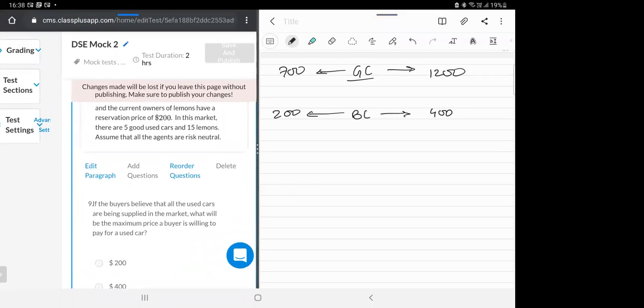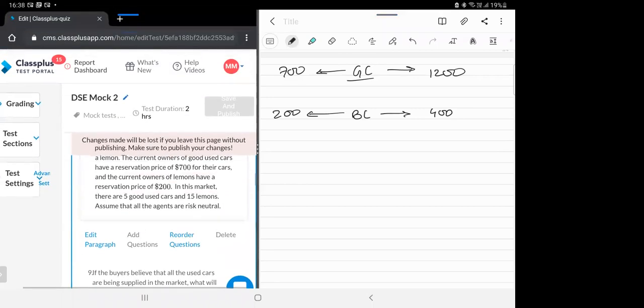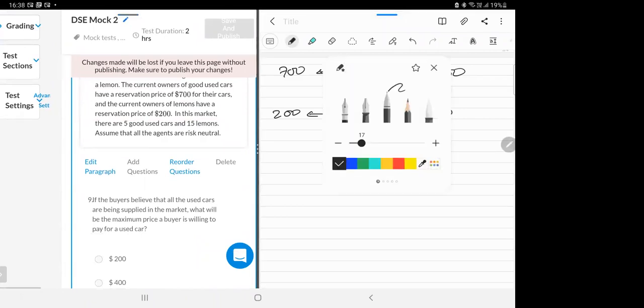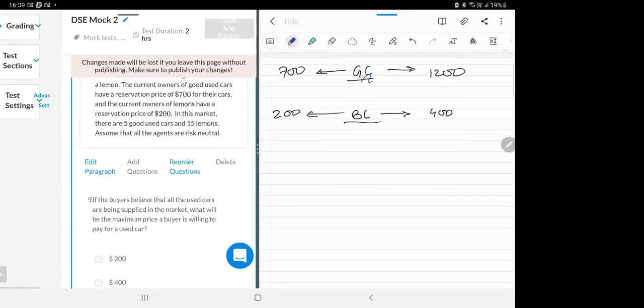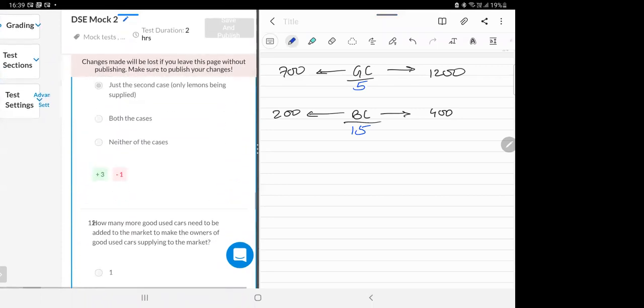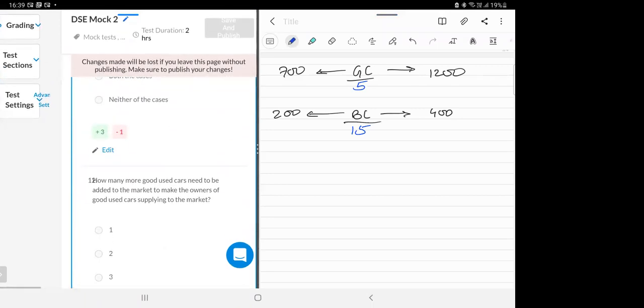In this market, there are 5 good used cars and 15 lemons. So the number of good cars is 5 and the number of bad cars is 15. Question number 12: how many more good used cars need to be added to the market to make the owners of good used cars supply to the market?